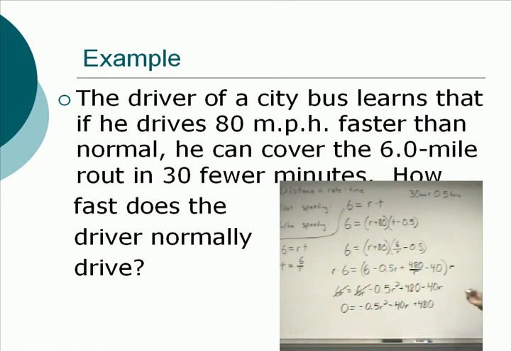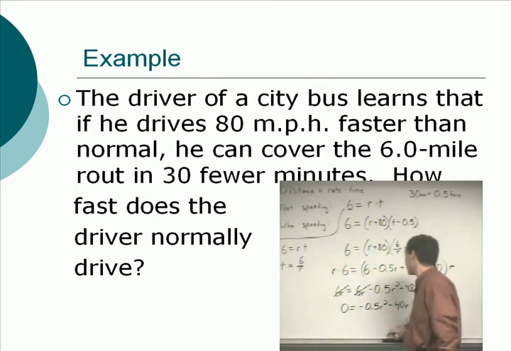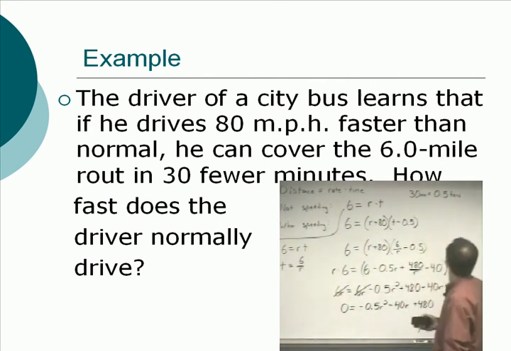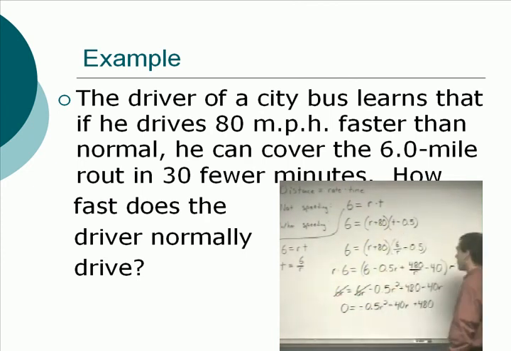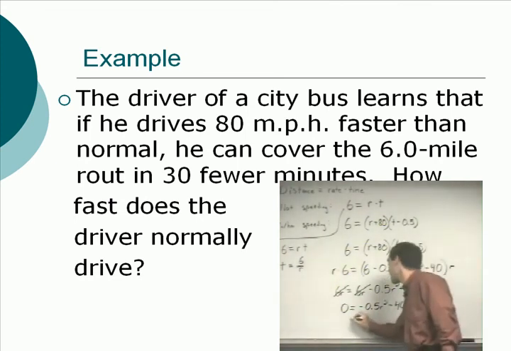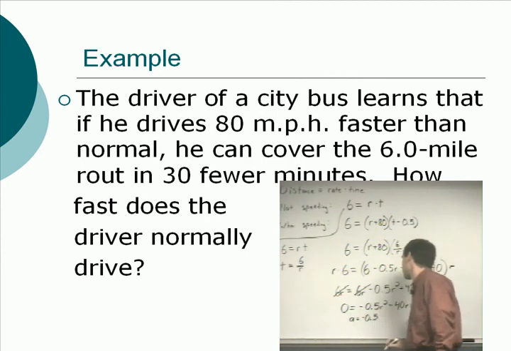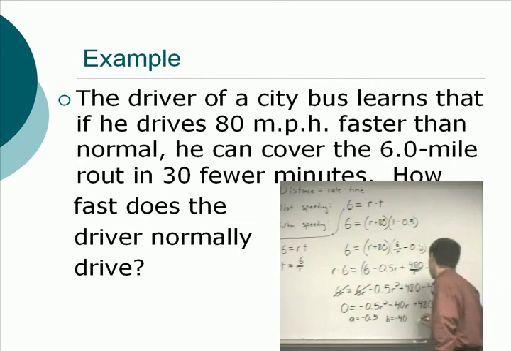Okay, well, let's just note down here that A is equal to negative 0.5. B equals negative 40. And C equals 480.